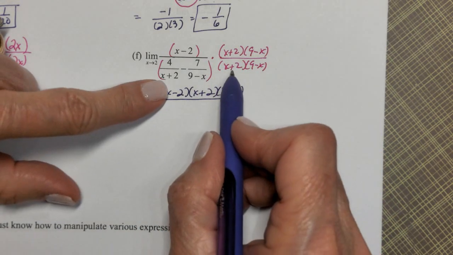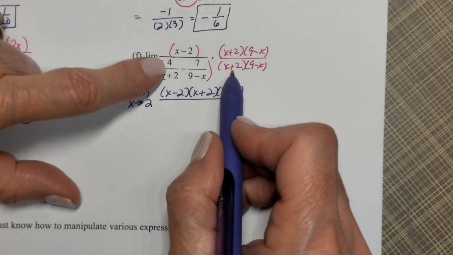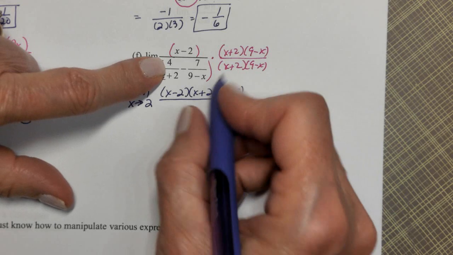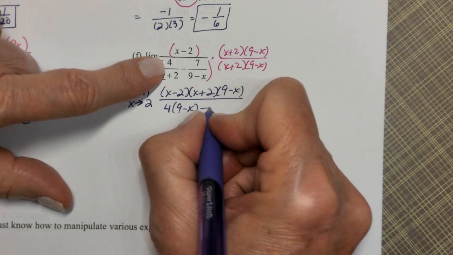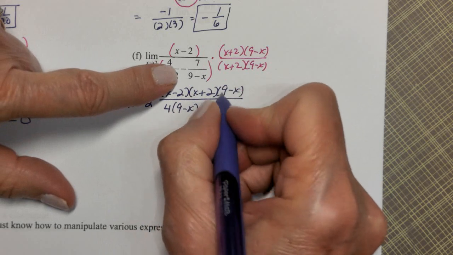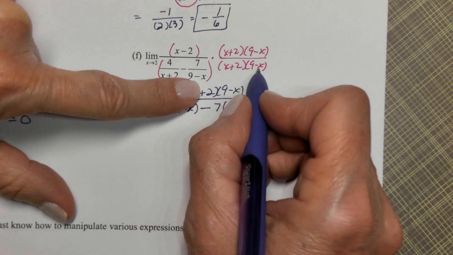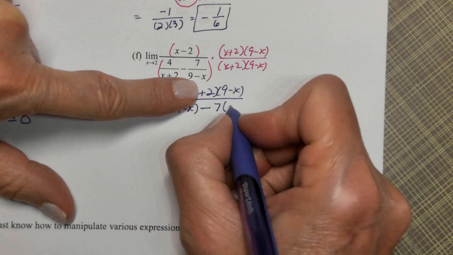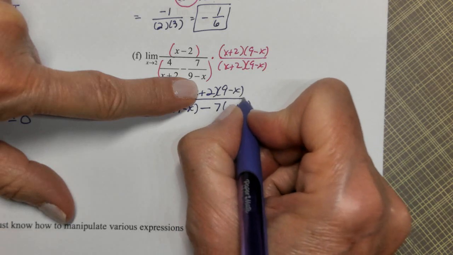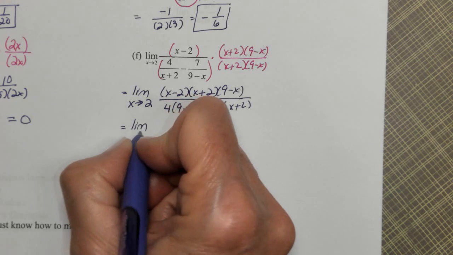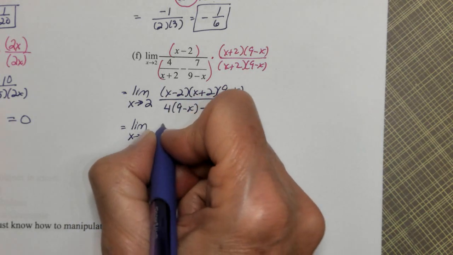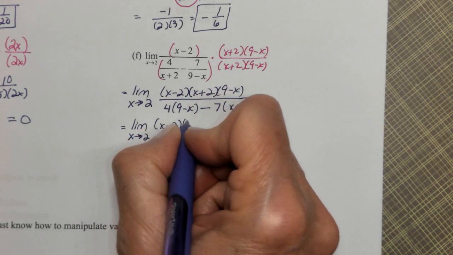Okay, on the bottom, the x plus 2's cancel. I'm left with 4 times 9 minus x, minus 7 times, okay, the 9 minus x's cancel. I'm left with 7 times that x plus 2. Time to simplify that denominator. I'm leaving the numerator alone.